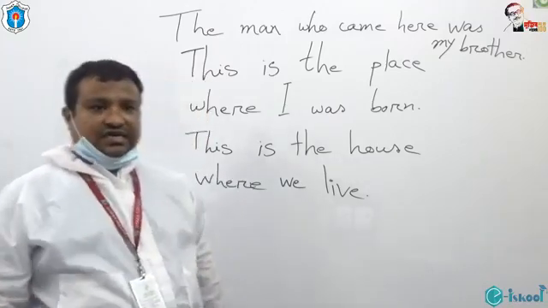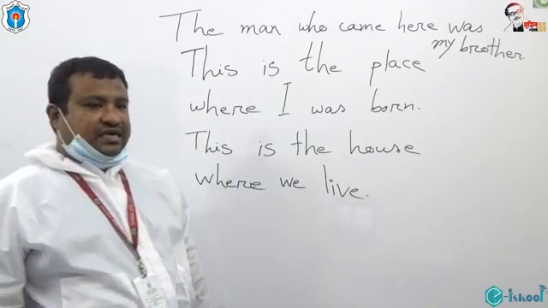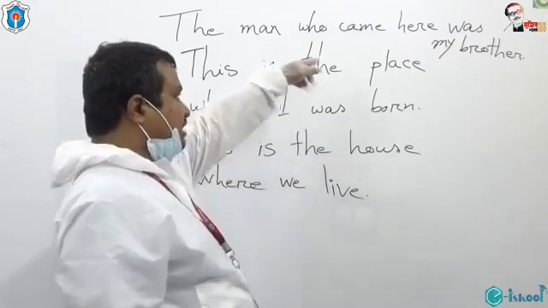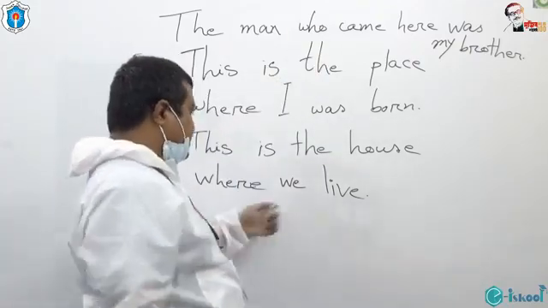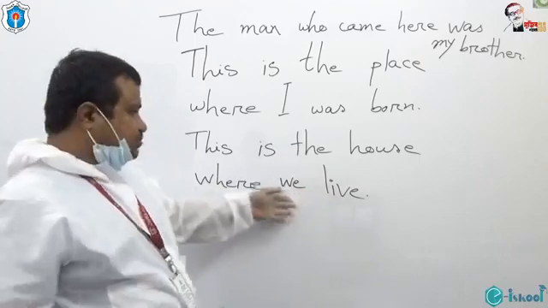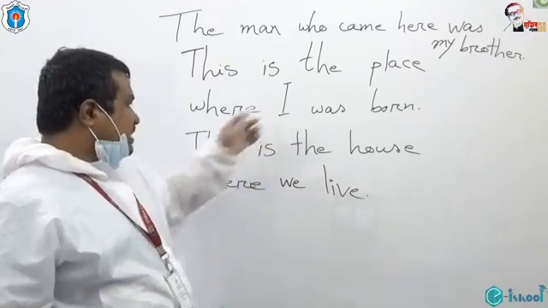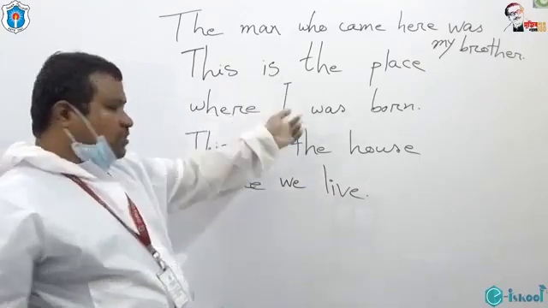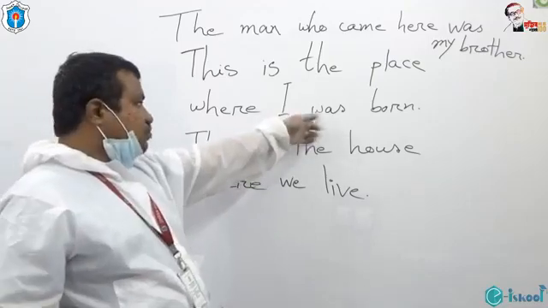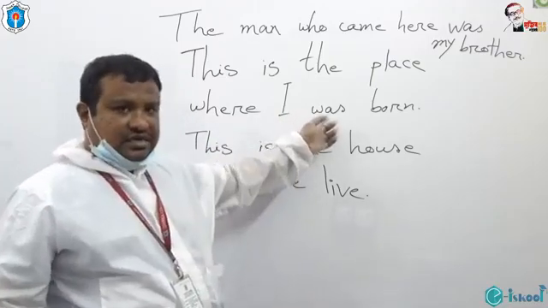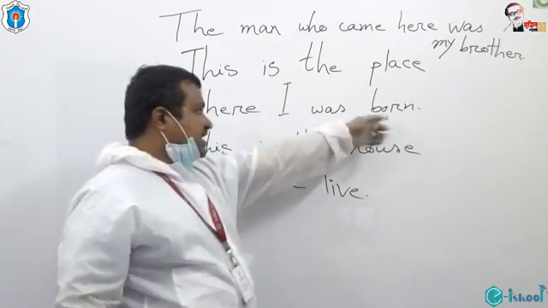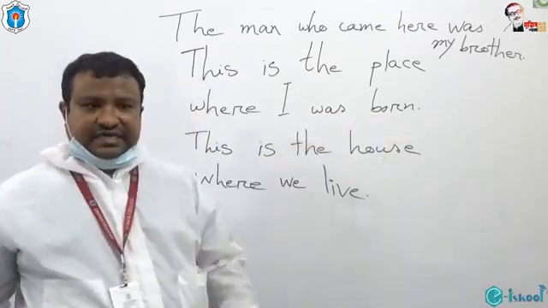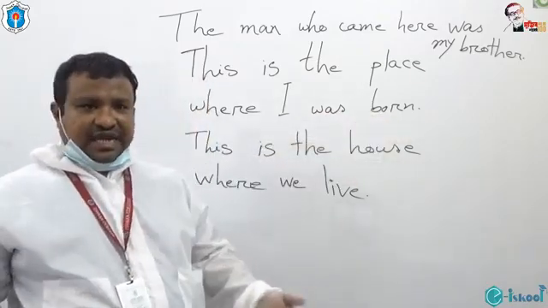So here we can't use a full sentence, that is, subject plus verb like these ones. Here in this is the place where I was born, there is a subject I, then was an auxiliary verb, and then born, which is a main verb.